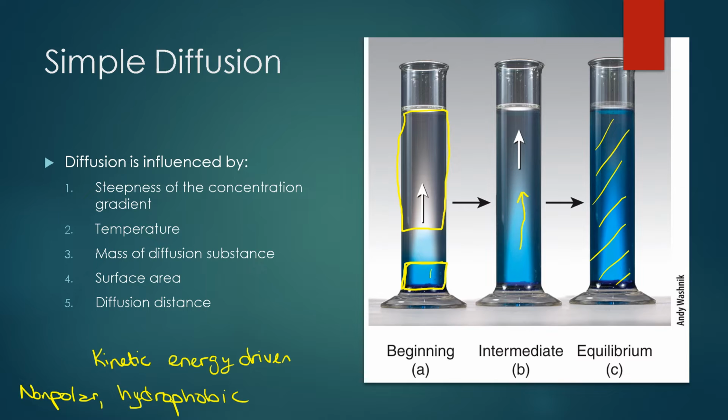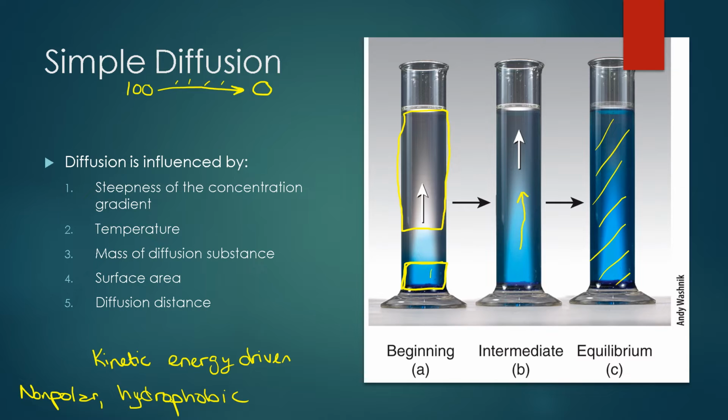Now, there are a couple of things that can influence the rate of diffusion. The steepness of a concentration gradient is going to be one. Say, for example, we have 100 molecules of a substance in one area and 0 in another area. It's going to move pretty quickly to diffuse across the entire area here.